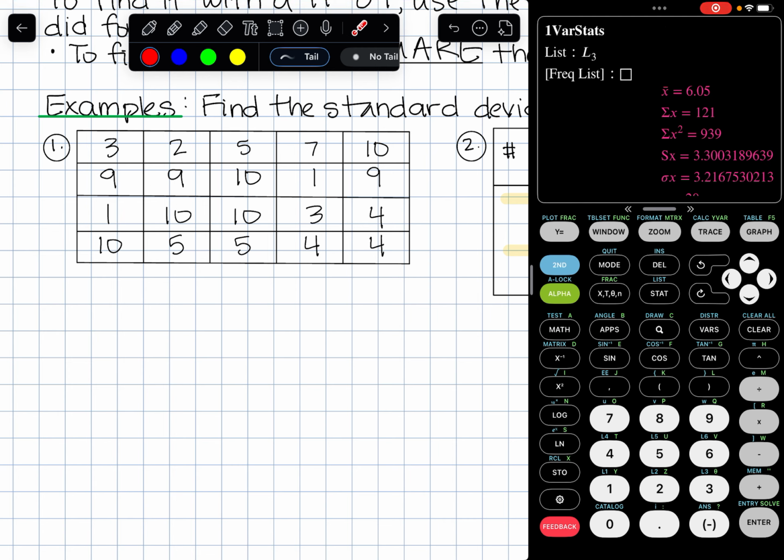I'm going to scroll up, and you'll see that the fourth value is labeled SX. That's my sample standard deviation. So SX equals, and I'm going to round it to one place past the decimal. So 3.3.